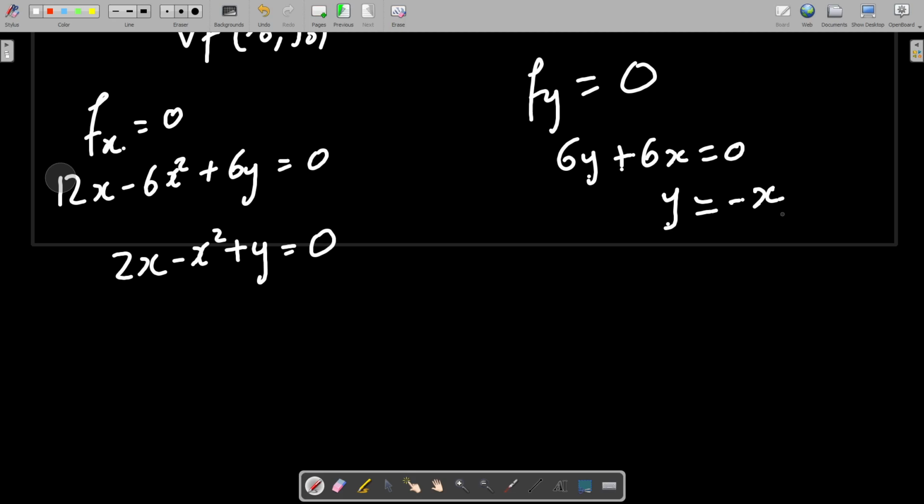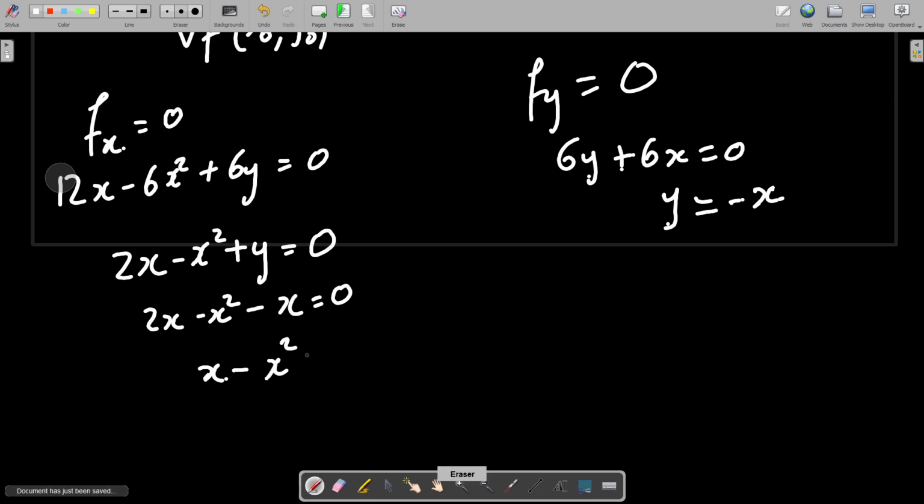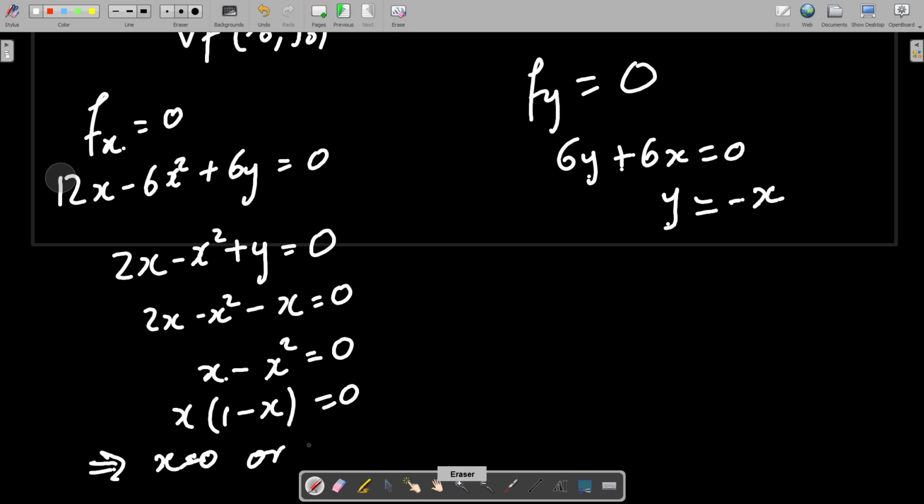But what do you know about y? Y is equal to minus x, right? So you get 2x minus x square minus x equal to 0. So this will leave you with x minus x square equal to 0. This one can be simplified as x times 1 minus x. So this implies that x is equal to 0 or x is equal to 1, right?